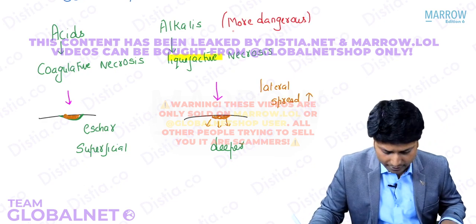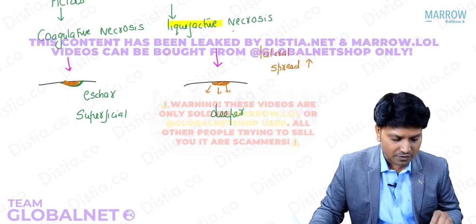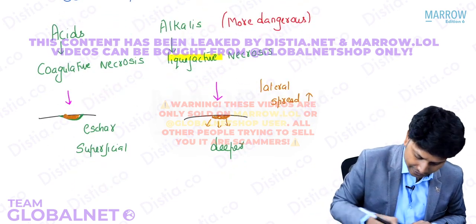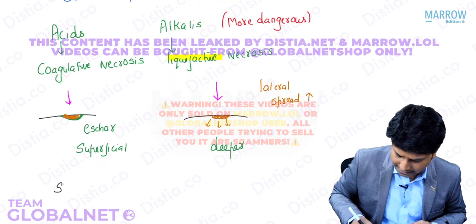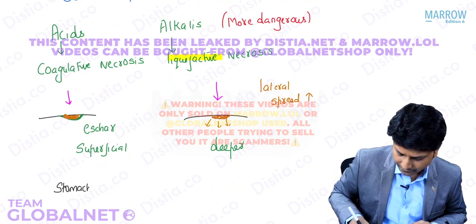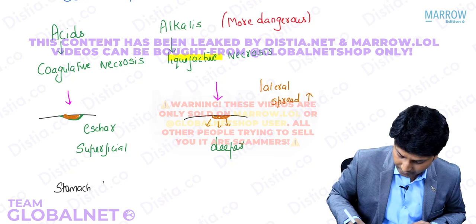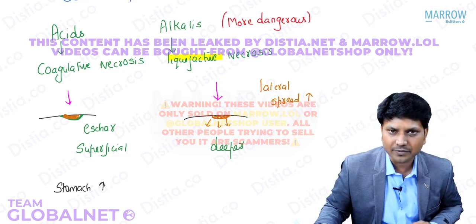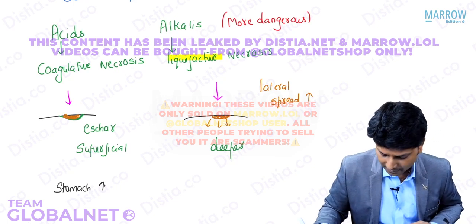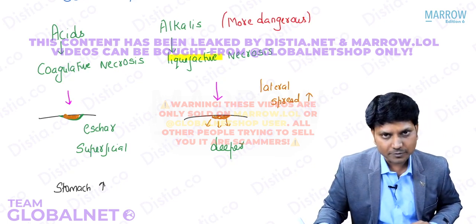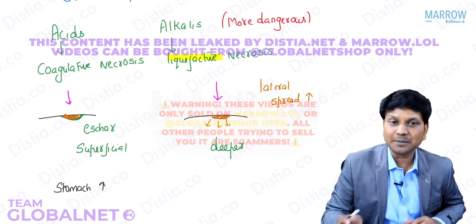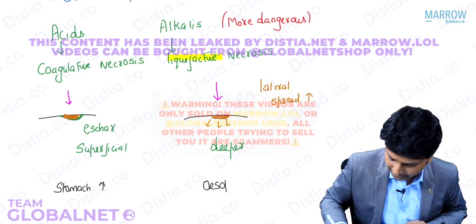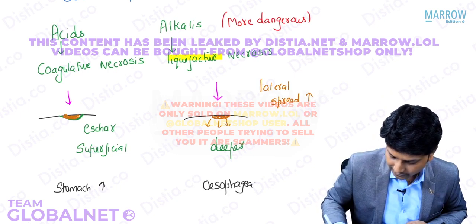Now, if you look at the involvement of the tissues, in general, acids produce more damage to the stomach mucosa. Involvement will be more in the gastric mucosa. Sometimes esophageal mucosa involvement will also be there, but stomach involvement will be more than the esophageal involvement. When you look at alkali, comparatively, esophageal involvement will be more than the gastric involvement.